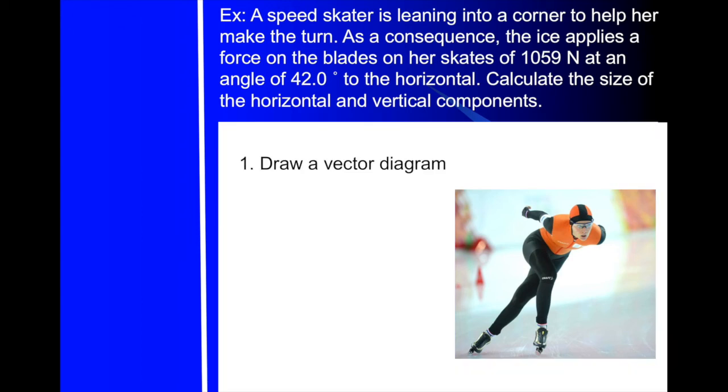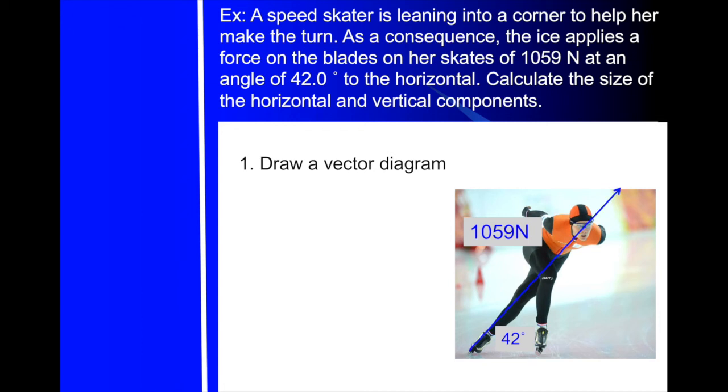Okay, so the first step in doing this is knowing what you are working with. So let's draw a vector diagram. If we're using this person here as our image to make our vector diagram, we are given the information that the ice applies a force on the blades of her skates at 1,059 newtons at an angle of 42 degrees.